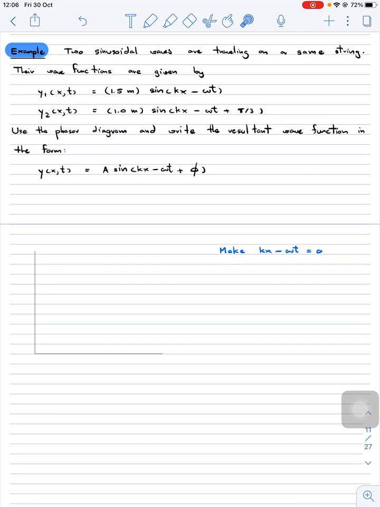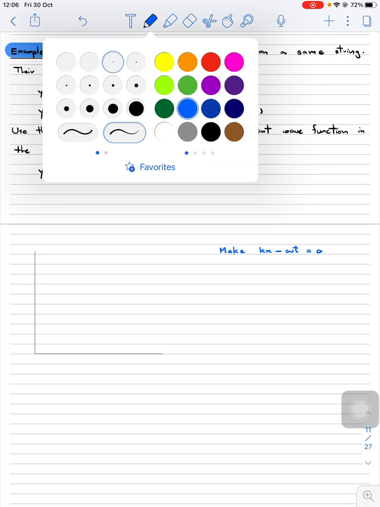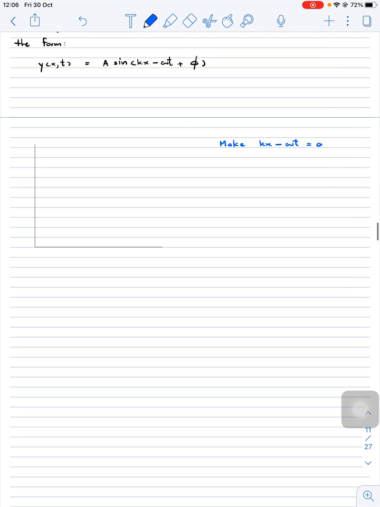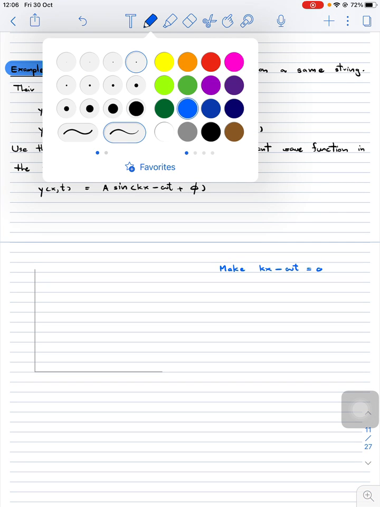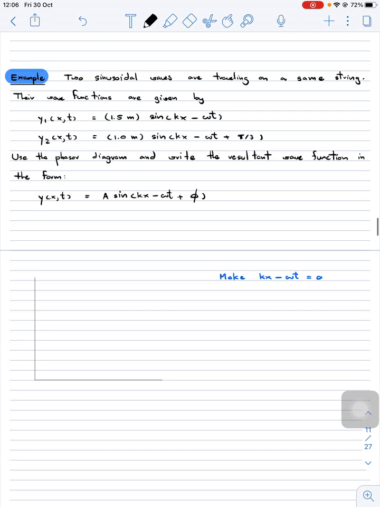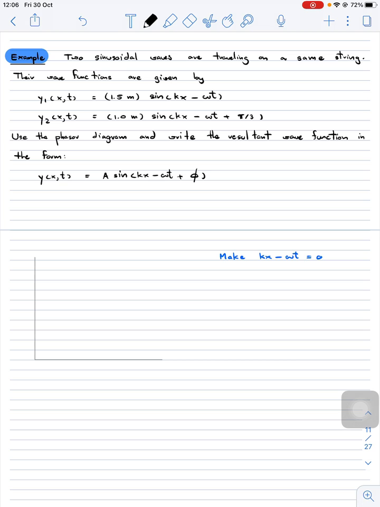So now for this function, we have y1 equal to 1.5 meters times the sine function. Actually, let me think first.